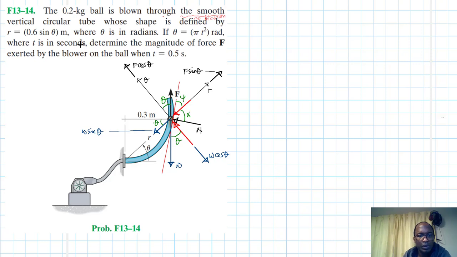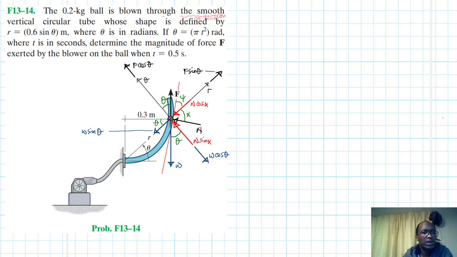This one here we said is N cos alpha, and this one is N sin alpha.